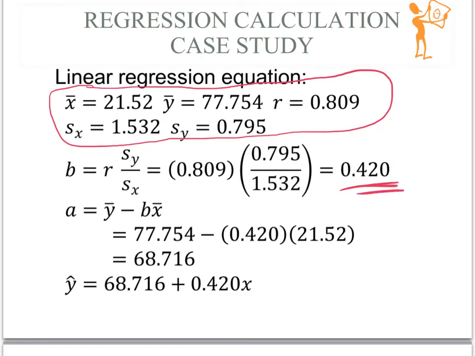And then we'll take that 0.420 and plug it into the equation for A, along with y bar and x bar from up here. We plug all that in. We'll get 68.716.